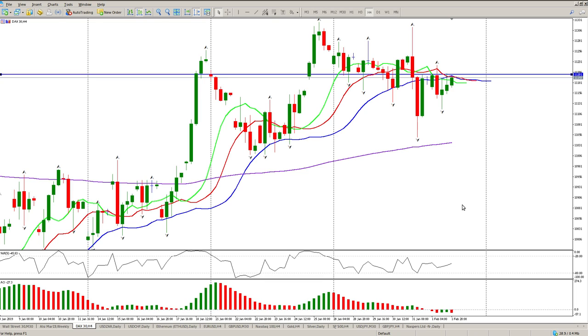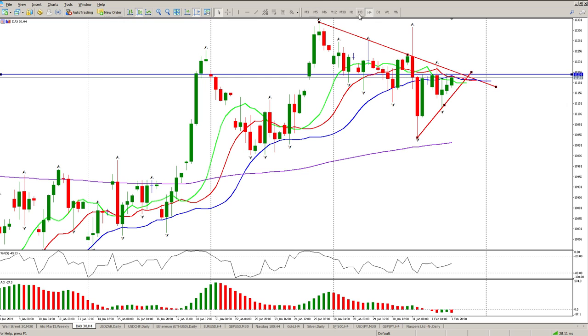A break below that, then we don't. The other thing you need to pay attention to is that this diagonal is really staying intact at the moment. And I have this picture here.